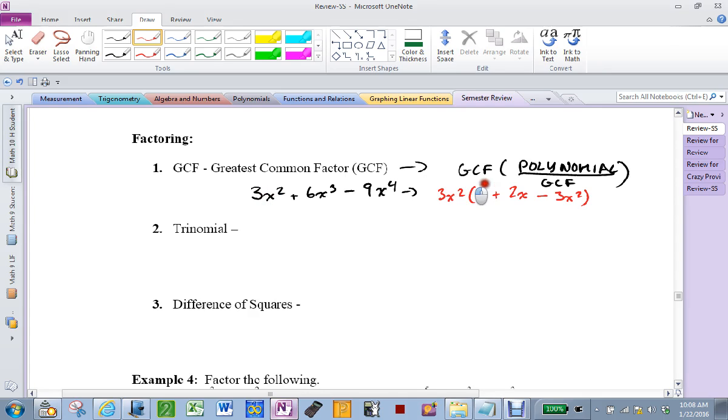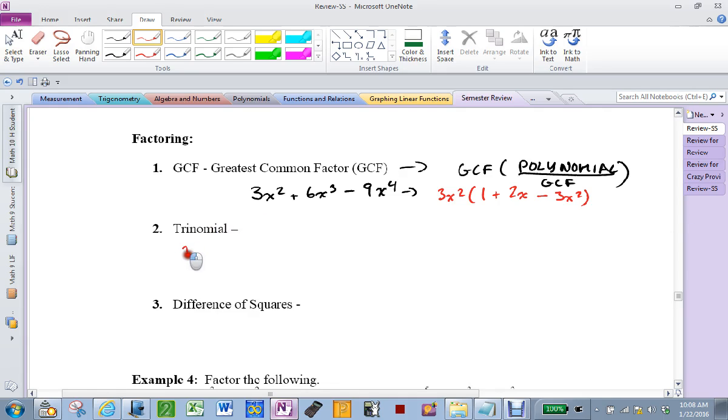I'm right. 3x squared times 2 is 6x cubed. I'm right. 3x squared times 3x squared is 9x to the 4th. I'm right. That took 2 seconds. Your provincial exam gives you 10,800 seconds. Do you have 2 to spare? Yes.